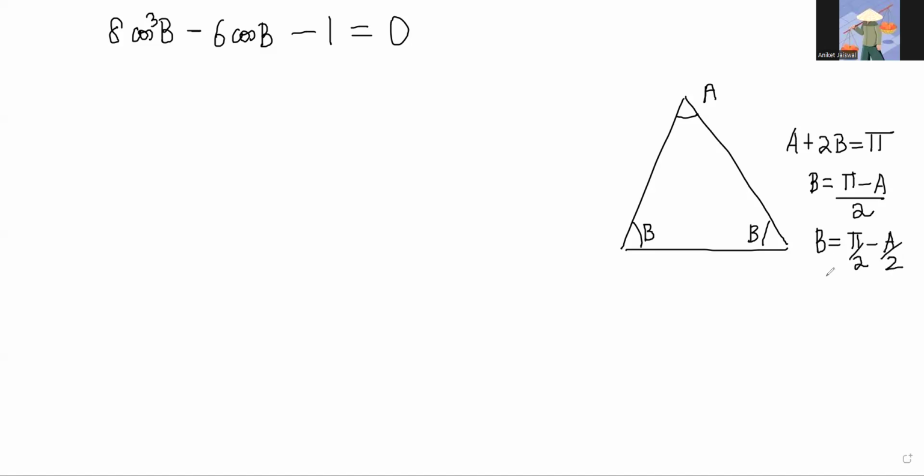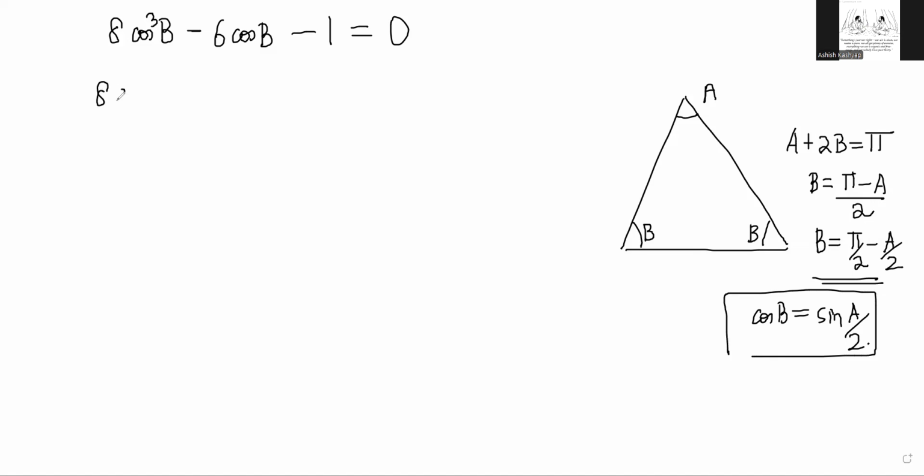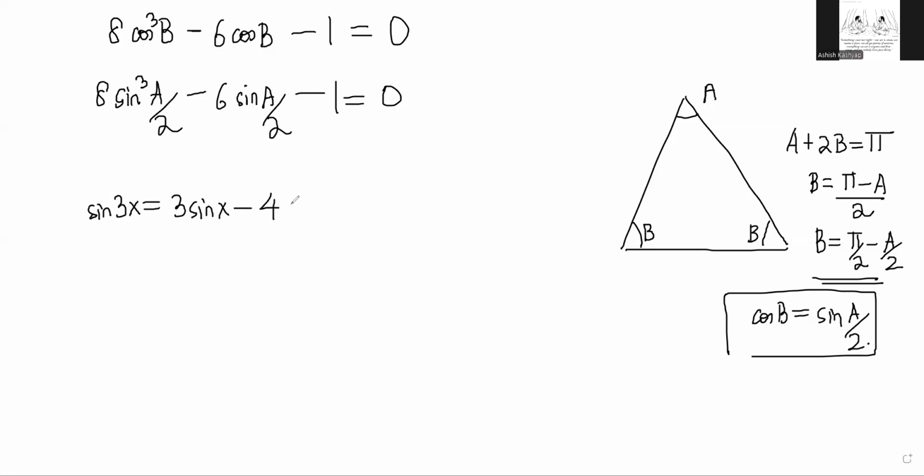We can write this equation even in terms of sines. Cos B will become what? Sin A by 2, right? So our equation is 8 sin cube A by 2 minus 6 sin A by 2 minus 1 is 0, right? You can think of the identity sin 3x is 3 sin x minus 4 sin cube x, right?